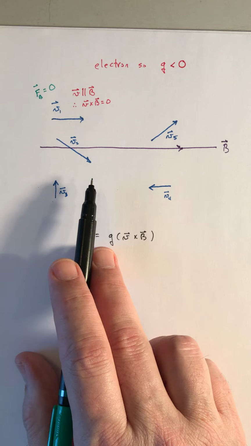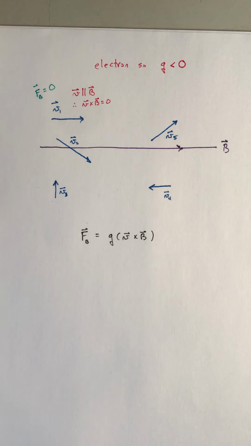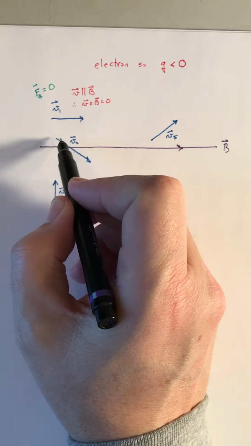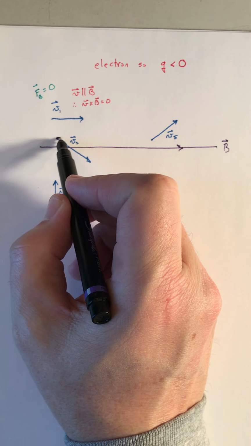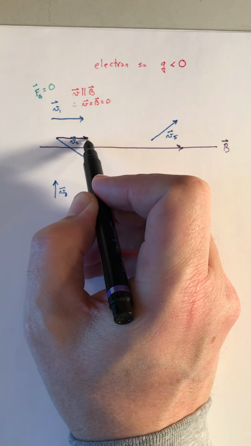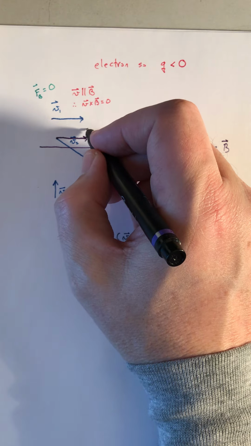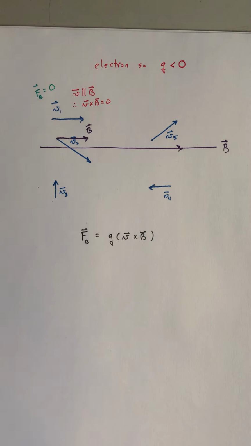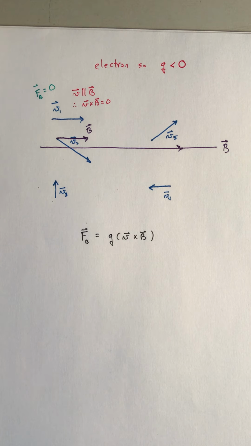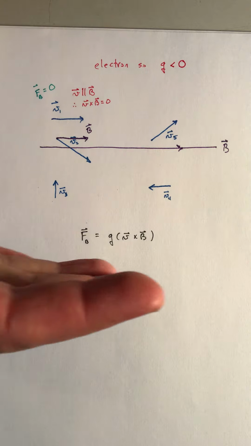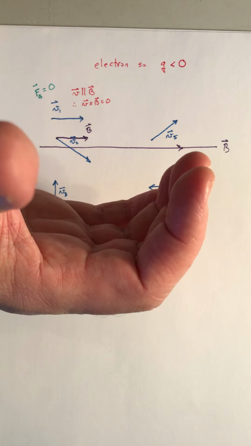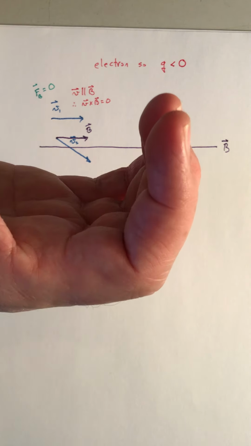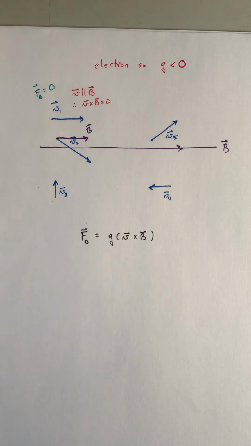For V2, let's sketch it out here. So at the tail of the velocity vector, that's the magnetic field line. So V cross B is V cross B. My thumb is coming out of the plane of the page.